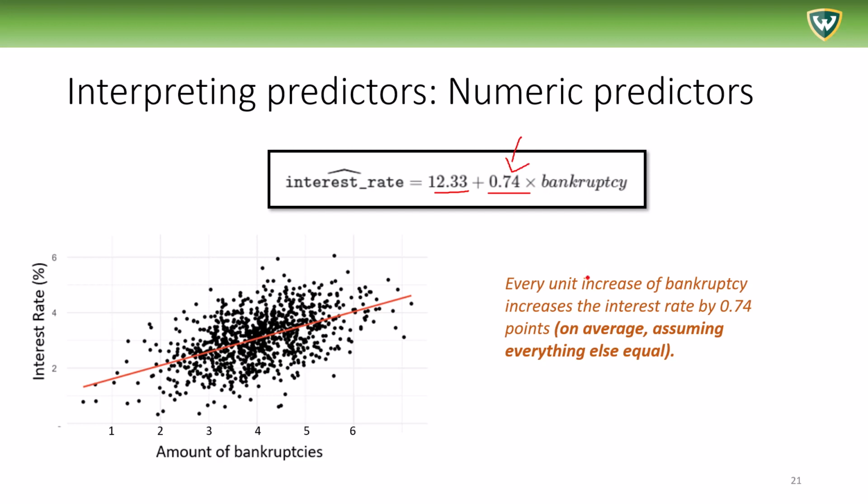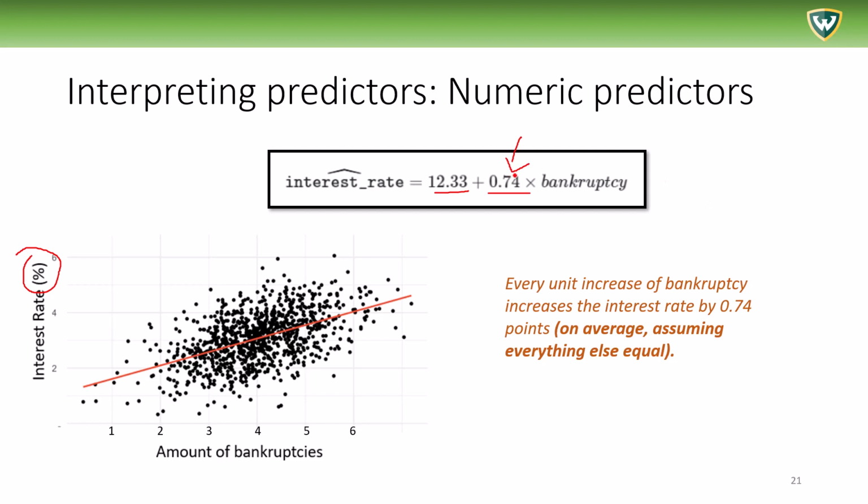Well, as we said before, this means that every unit increase of bankruptcy increases the interest rate by 0.74 points. And in this case, because the measure is in percentage, it's really 0.74 percentage points. And also we need to remember this is on average and assuming everything else equal. Assuming if we have other variables, they're all equal. And that's an advantage of the regression model because it controls for the other factors.